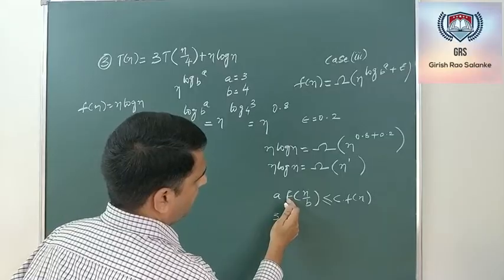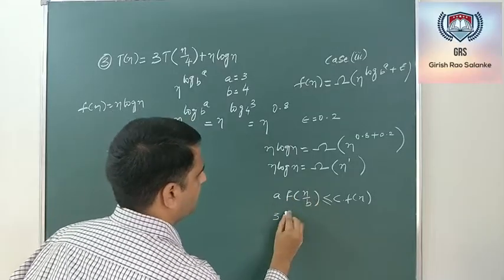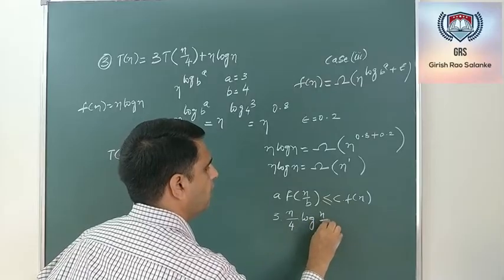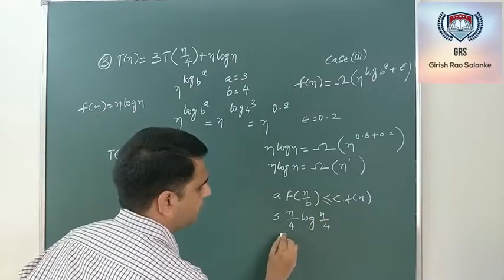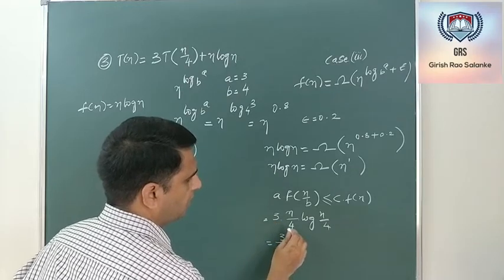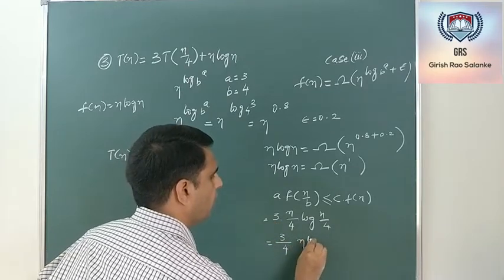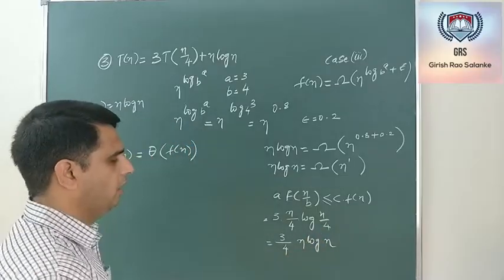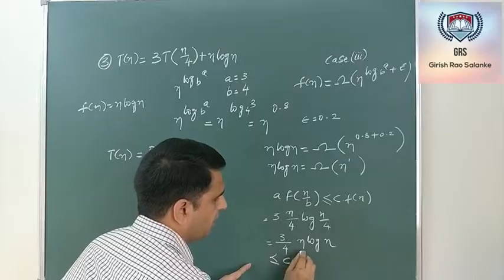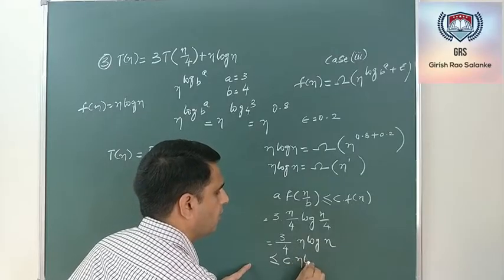So f of n by b is nothing but n by 4 into log n by 4. If I take 3 by 4 outside, this will be 3 by 4 n log n, which is less than or equal to a constant c into n log n.